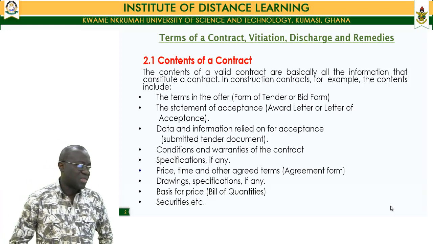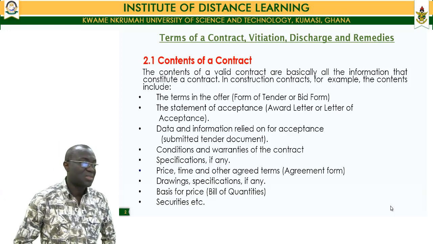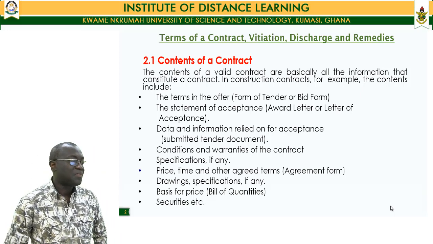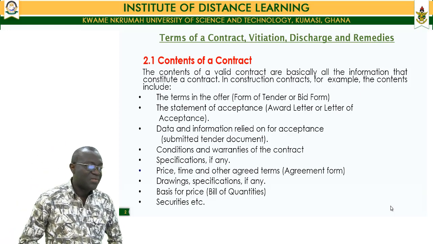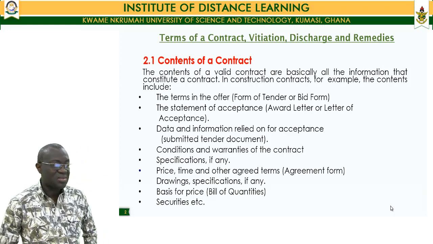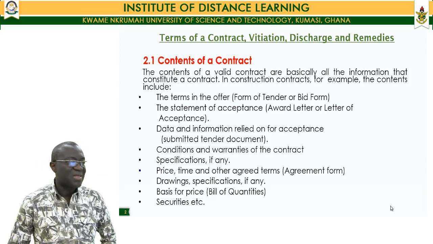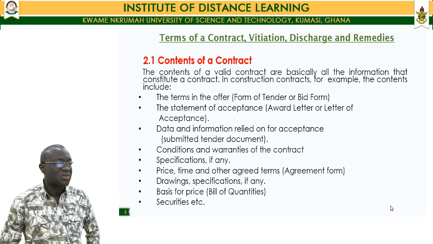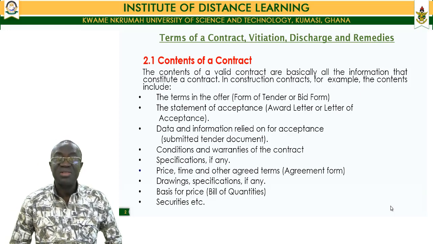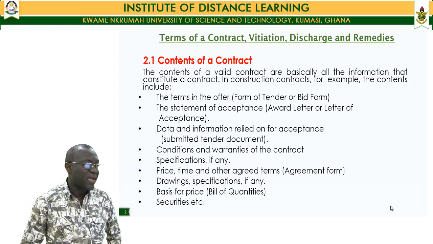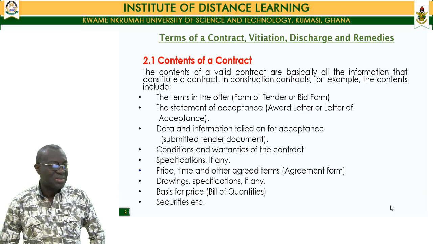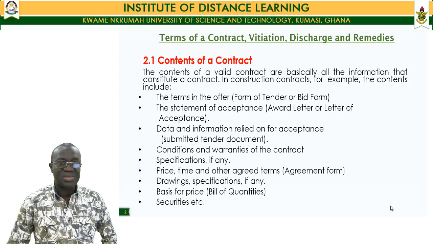It could also include the statement of acceptance, that is, the award letter or letter of acceptance. Then we have the data information relied on for acceptance, submitted tender documents, then conditions and warranties of the contract, specifications depending on the nature of the work, the price, the time, and other agreed terms.